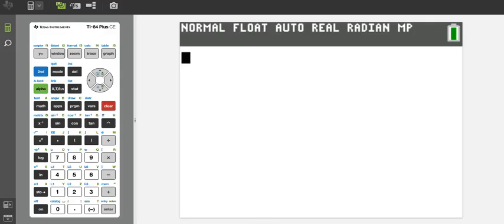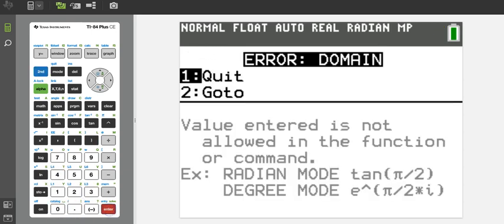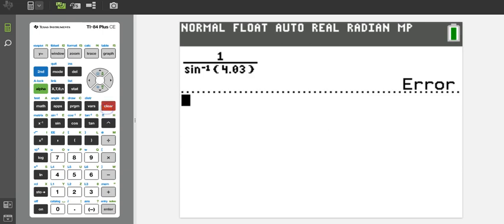Let's take a look. Alpha y equals 1 over sine inverse 4.03, right? Boom. Domain error. That's a problem. That means undefined. Does that mean undefined? No. So let's talk about what is really going on here.